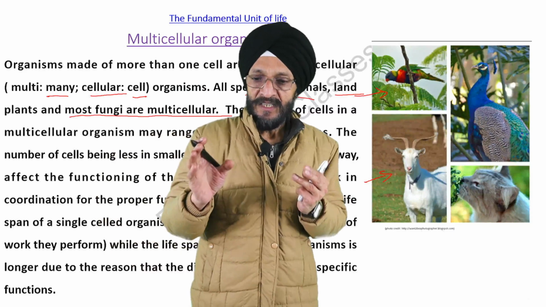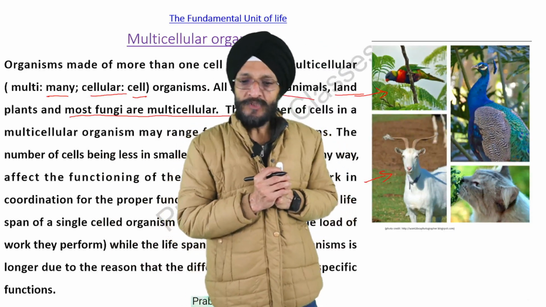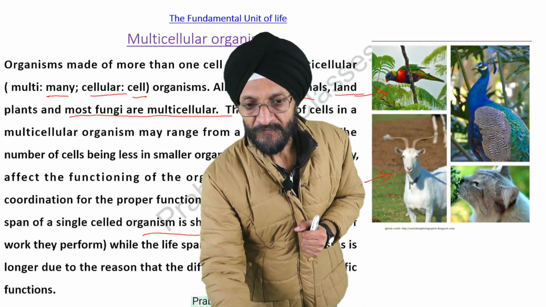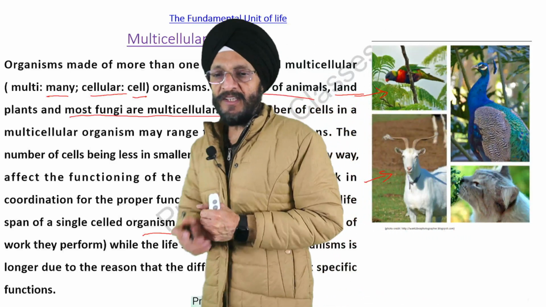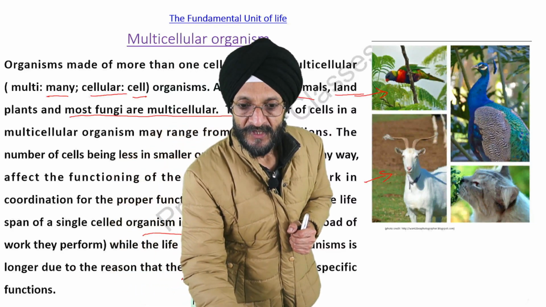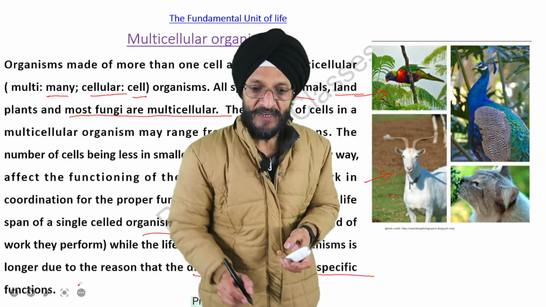So there is heavy workload on the cell. Due to this reason, the lifespan of a single celled organism is short, whereas on the other side, the lifespan of multicellular organisms is longer because the different cells carry out specific functions.